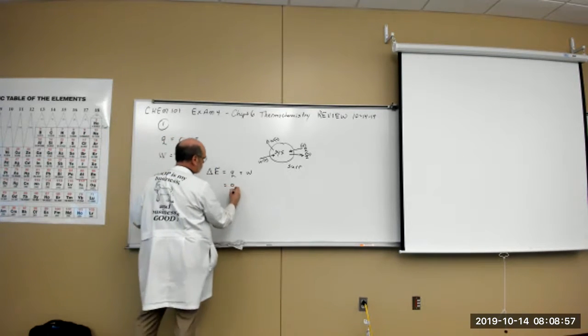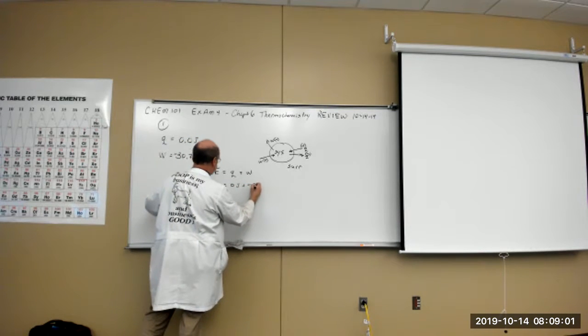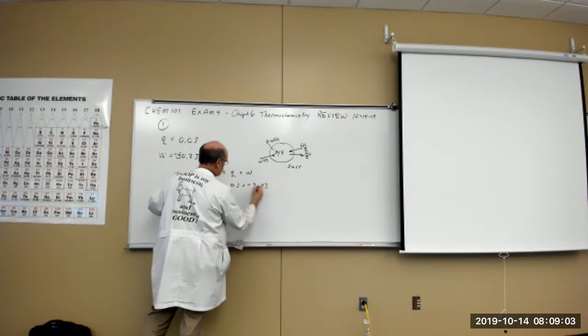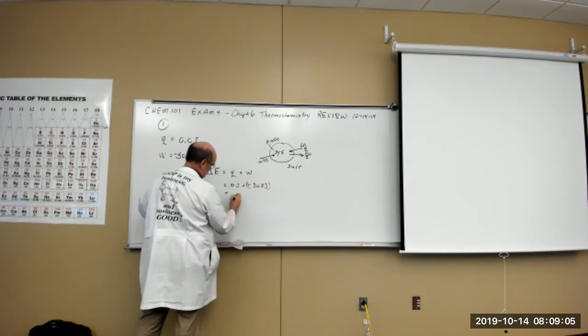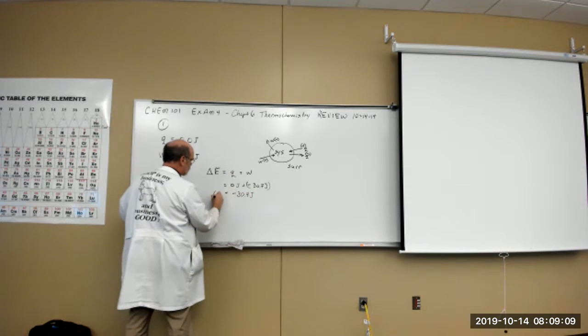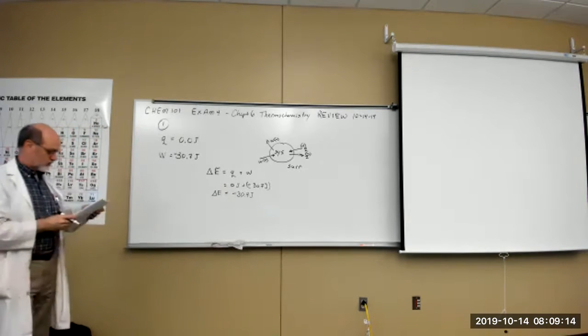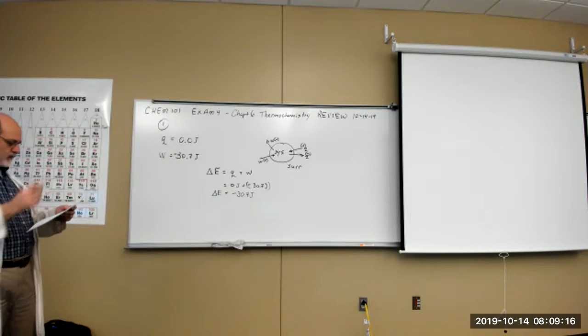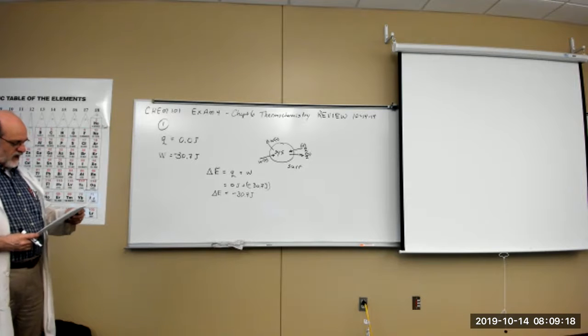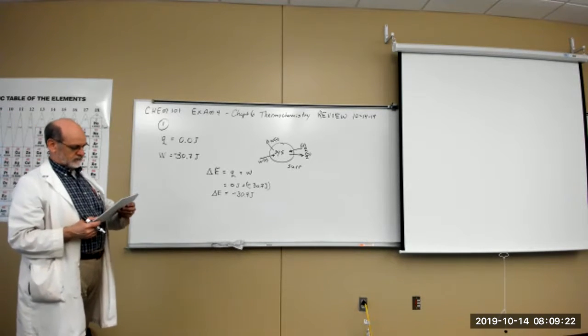Q then is 0. And work is minus 30.7 joules, right? So that means the change in internal energy for that system is negative 30.7 joules. And if you look at your possible answers, positive 30.7 is D, a negative 30.7.